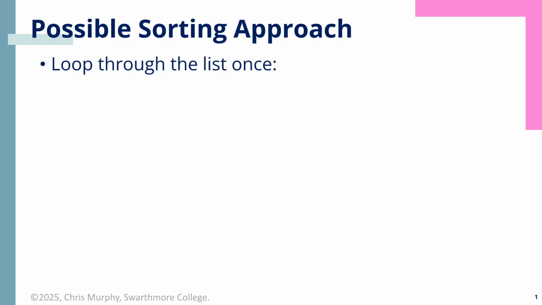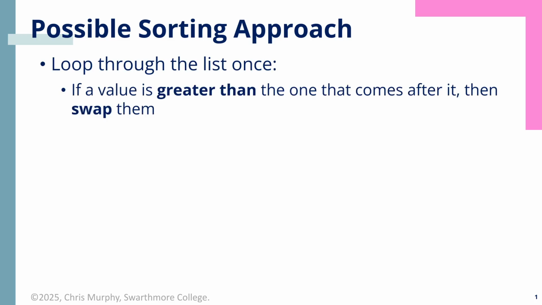So one possible sorting approach is to go through the list of elements from left to right, and if a value is greater than the one that comes after it, then swap them. We'll see an example of this in a second.